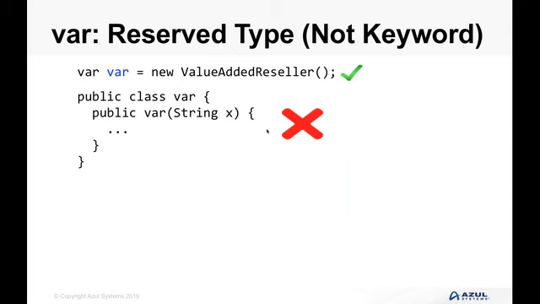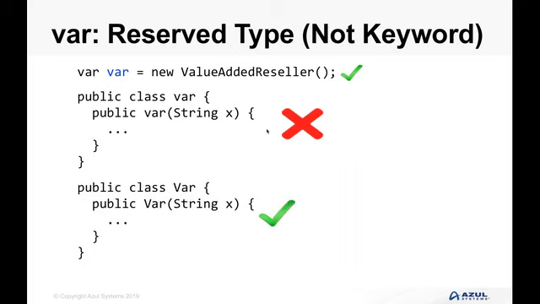Now, in JDK 9, that actually would compile, and there's nothing wrong with it technically, but the convention is obviously that for classes, we always use an uppercase character as the first letter of the class name to make it clear what's going on. So in JDK 10, you can't compile that code. What you can do is still use var with an uppercase V, and that will compile quite happily. So case does matter.